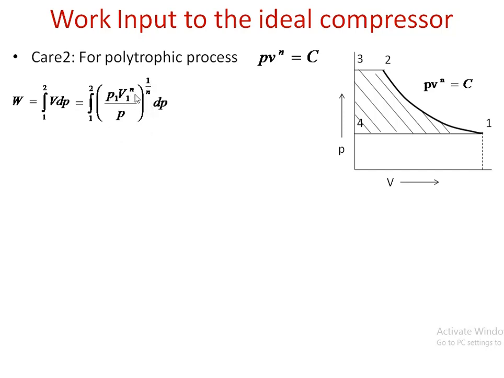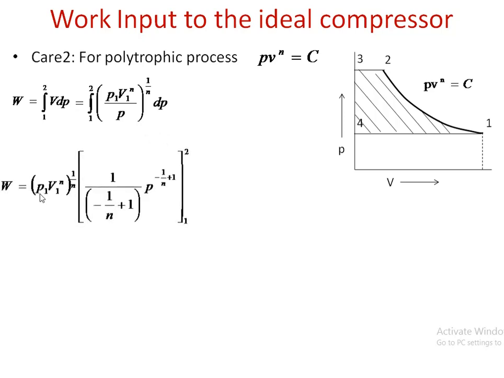So this P1 V1 can be taken outside. Then it becomes dP by P to the power 1 by n. So integration of that will be this P1 V1 to the power 1 by n I have taken outside, and I have integrated dP by P. If I integrate that, this is a P to the power minus 1 by n, so plus 1 I do it.